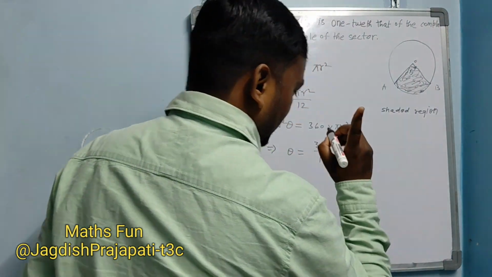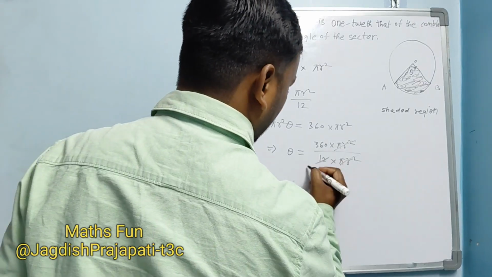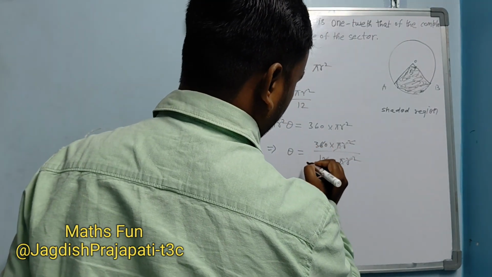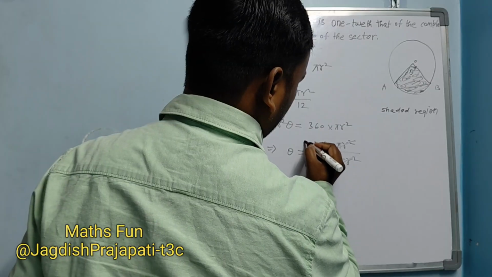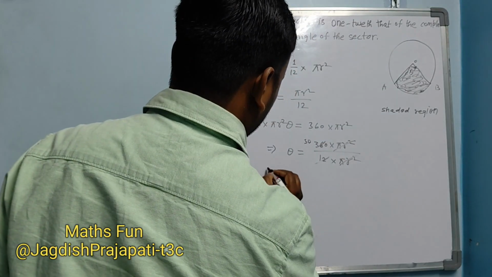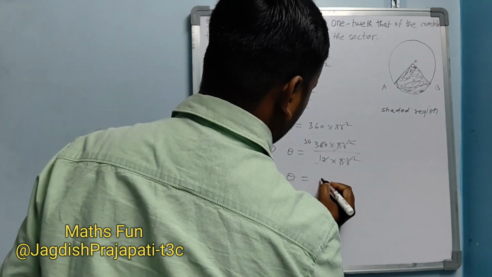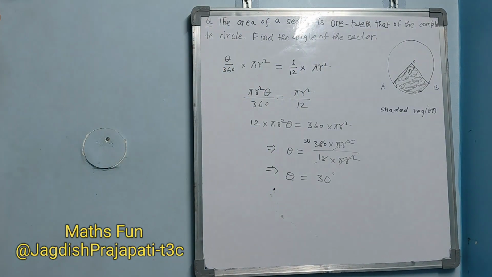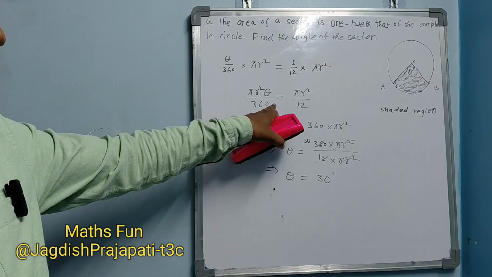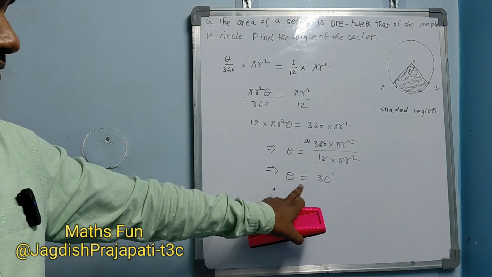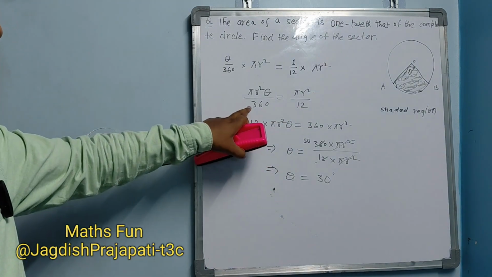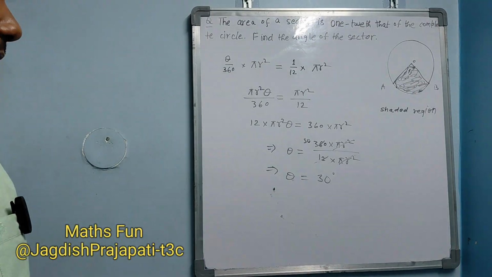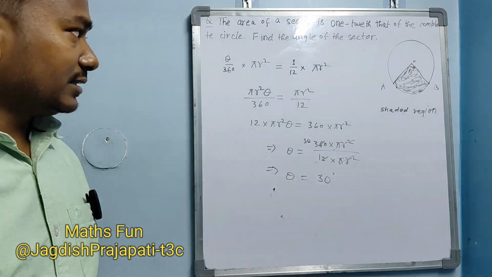So this will be divided one time, and 12 times 3 is 36, and theta equals 30 degree. Since we have taken this in degree, this will be in degree. If we had considered it in pi, then it would be in terms of pi, that is in radian. So here theta is 30 degree.